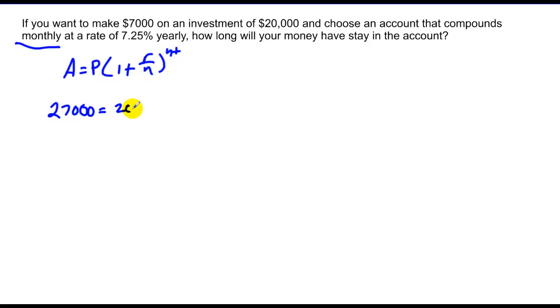Start with $20,000. 1 plus our rate is 0.0725. Compounded monthly, that's 12 times a year, raised to the 12 times t, which we're going to solve for.